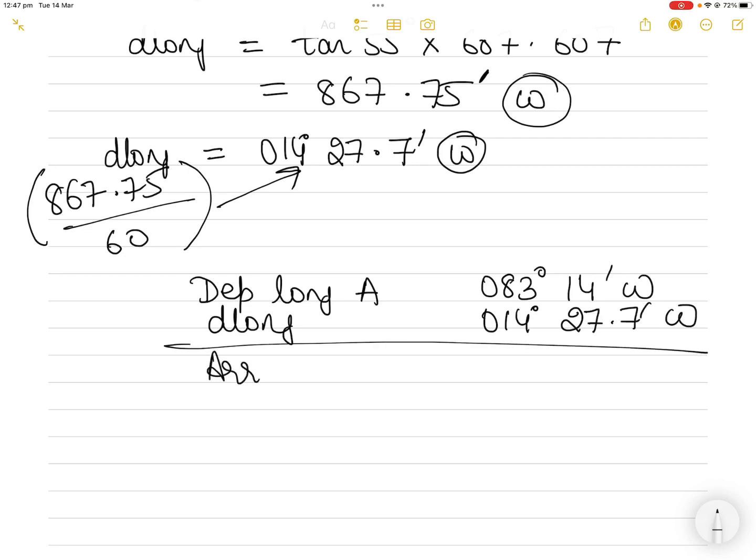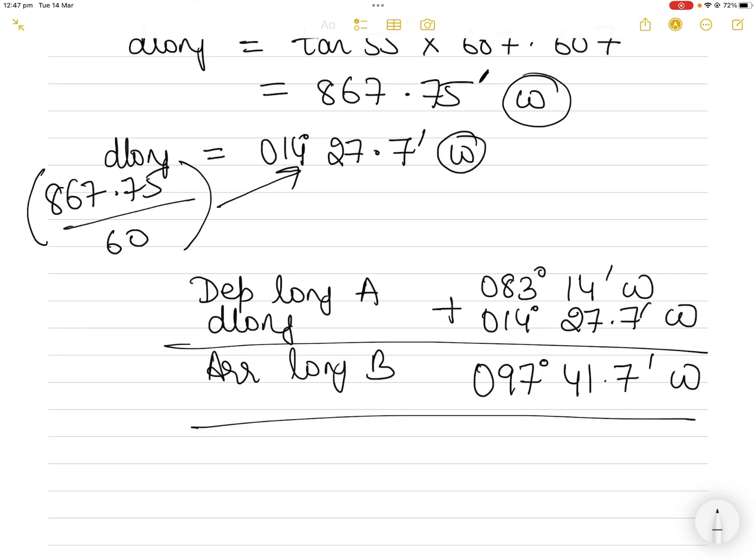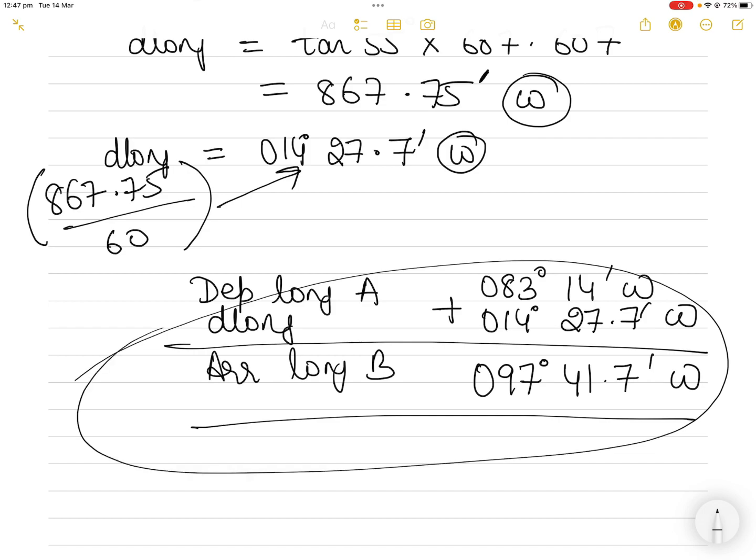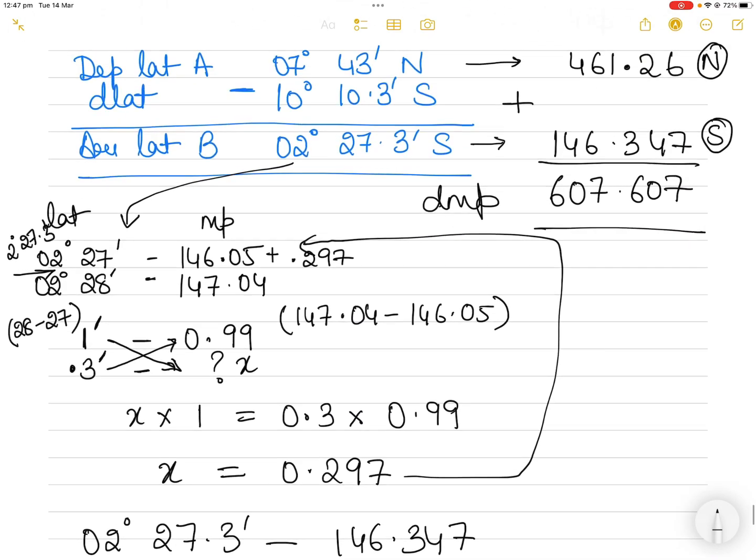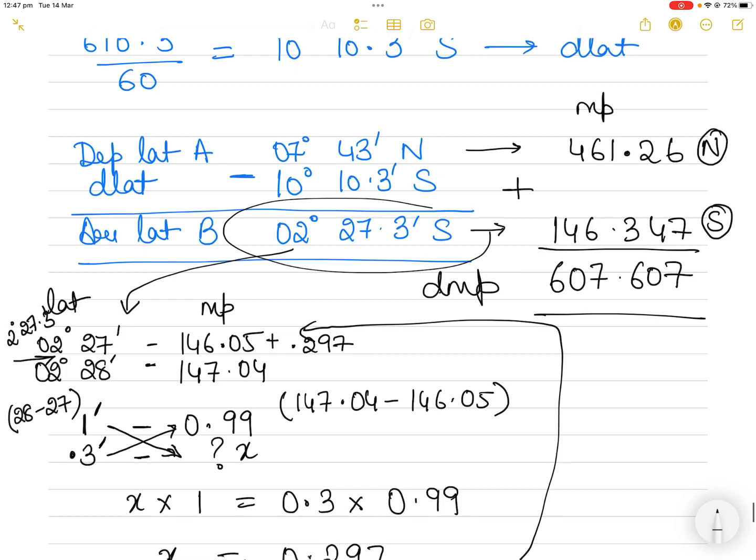So you are in west longitude and you are going further west, which means your west longitude will increase. So you add the two values and get 097 degrees 41.7 minutes. So you found your arrived longitude and your arrived latitude, and these two together are the final answer.